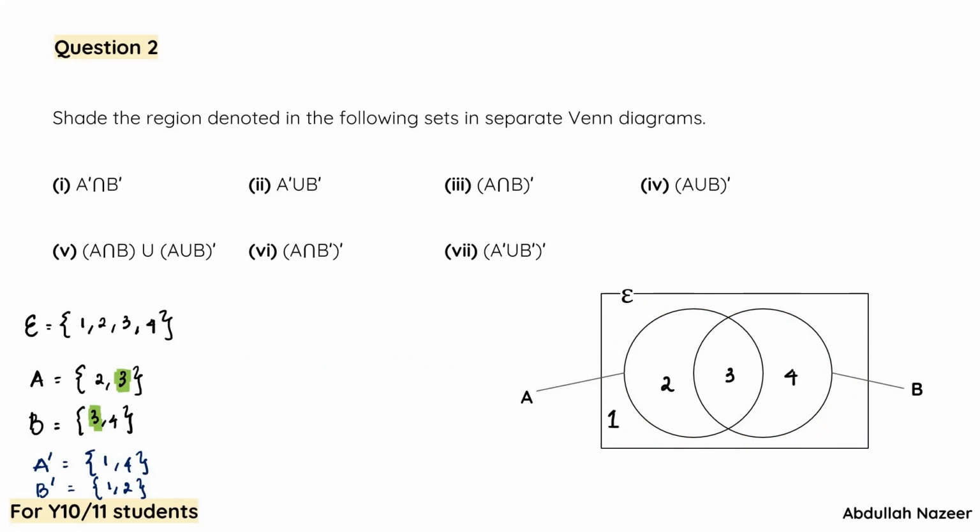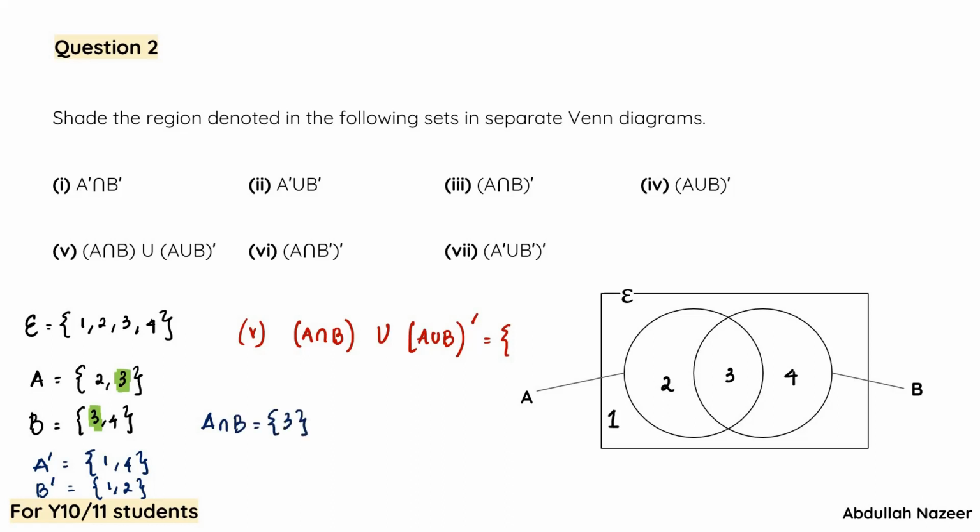Okay, now for the fifth question: A intersection B union A union B complement. In order for us to understand what numbers belong to this set, first of all, let's identify the individual sets separately. We know A intersection B is 3.